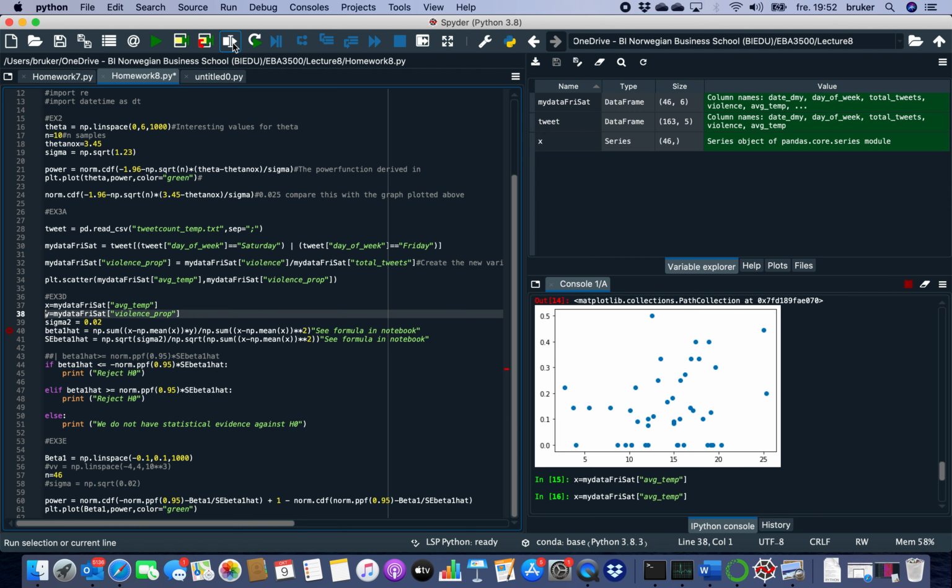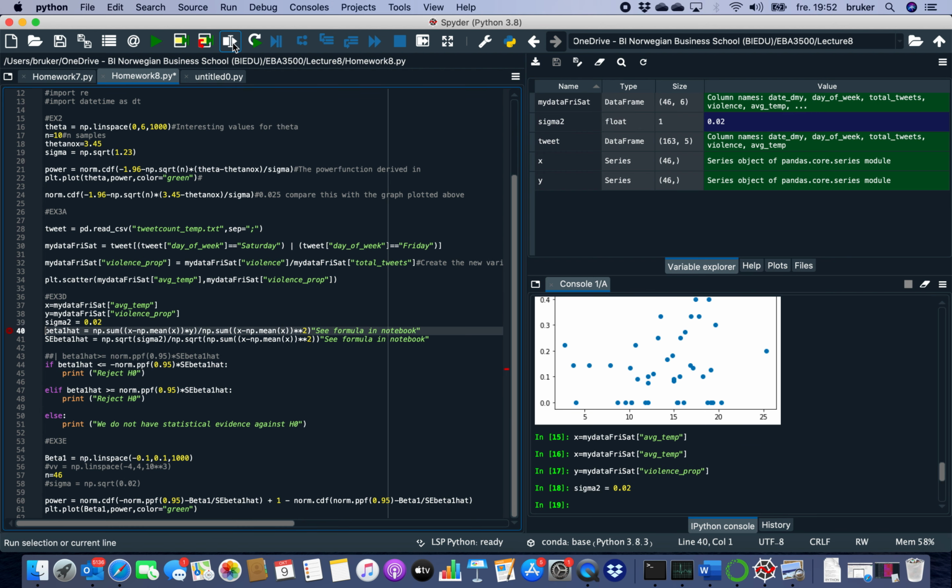Let's run this one. Let's run this one. And let's run this one. This one seems right. This one seems right. This one seems right. Divided on. This one seems right. I actually don't see the problem here.